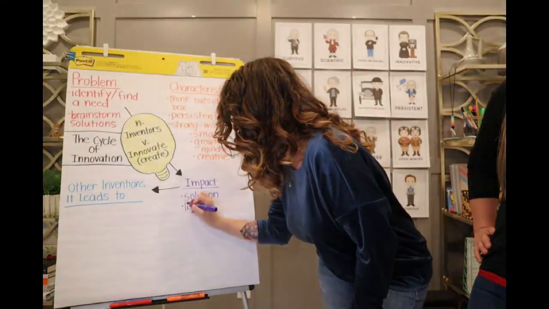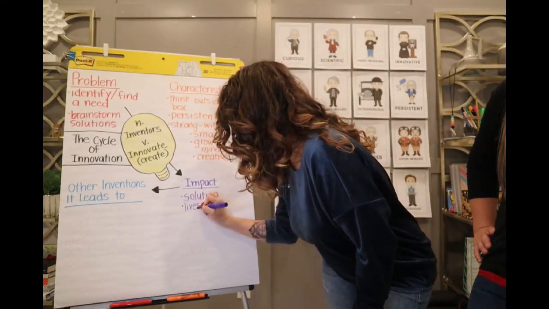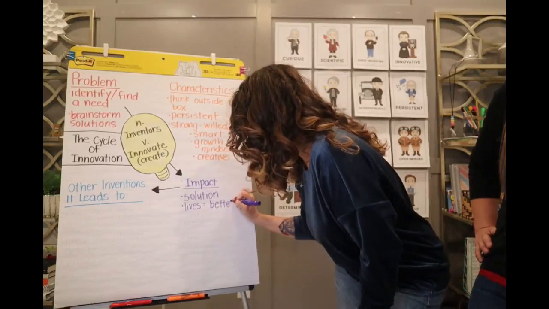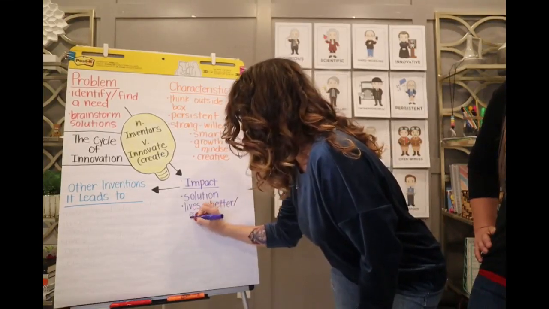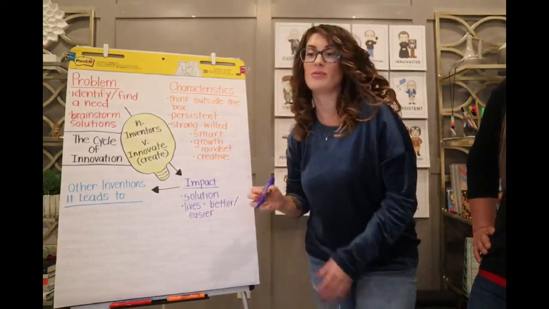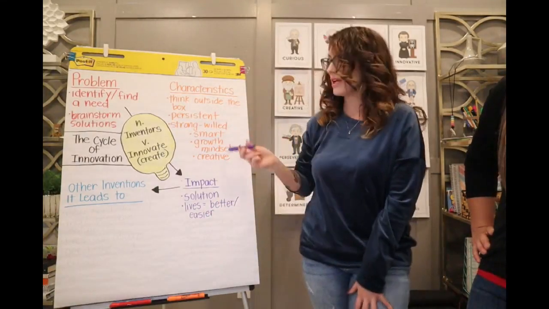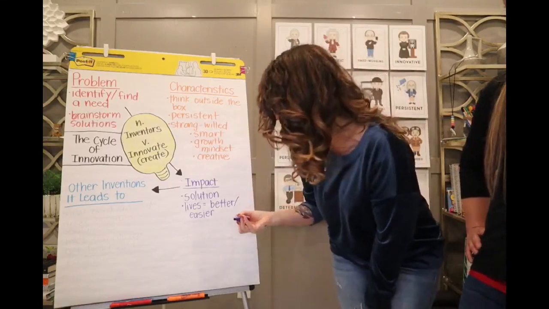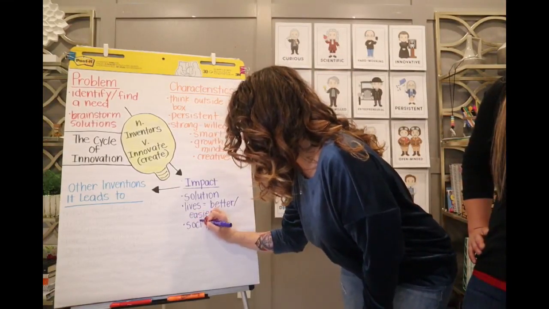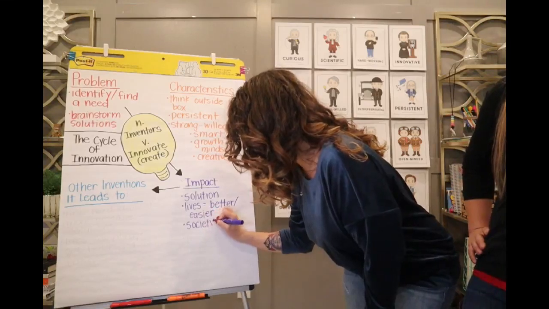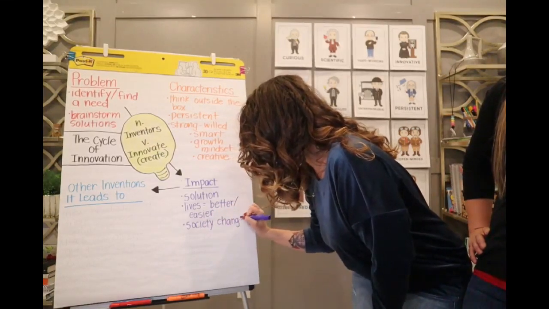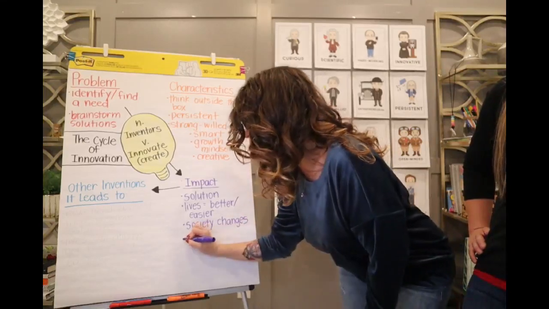When there's a solution, people's lives are better or easier. So they've made an improvement to people's lives through their innovative thinking and their solutions. One of the impacts is society can change. And then the need is met.